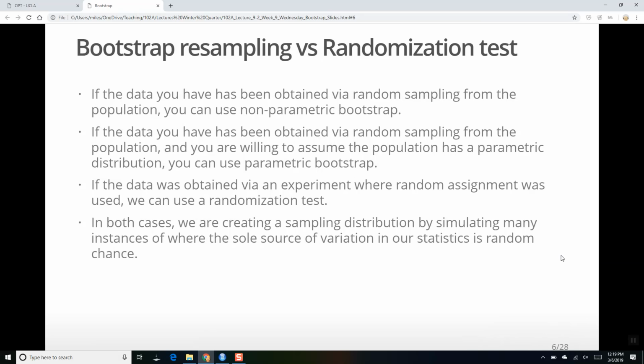Yes, question? When are we willing to assume the population has a parametric distribution? It's going to depend on your statistical expertise. You can't just take data and say, oh, this is it, right? You have to understand where the data came from.